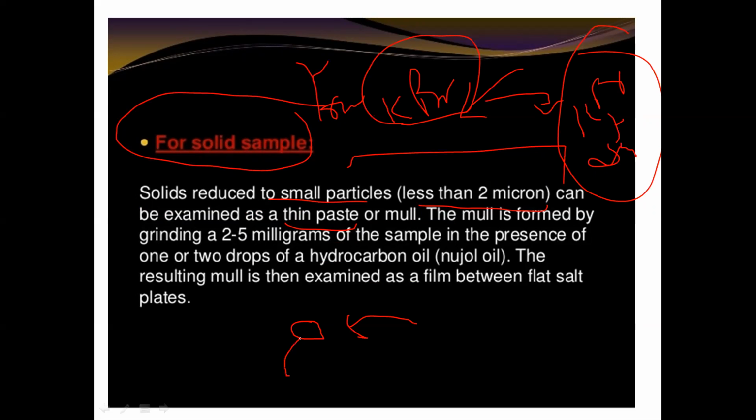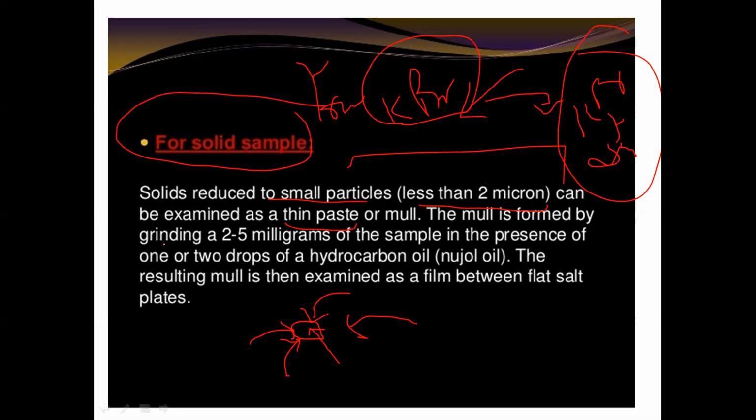You should examine that your KBr pellets are uniform and thin, and that no cracks are present. So the IR radiation will pass through these pellets in a very clear way, and the sample will absorb IR radiation uniformly. So here I have mentioned that the solid is first reduced to small particles and can be examined as a thin paste or mull.